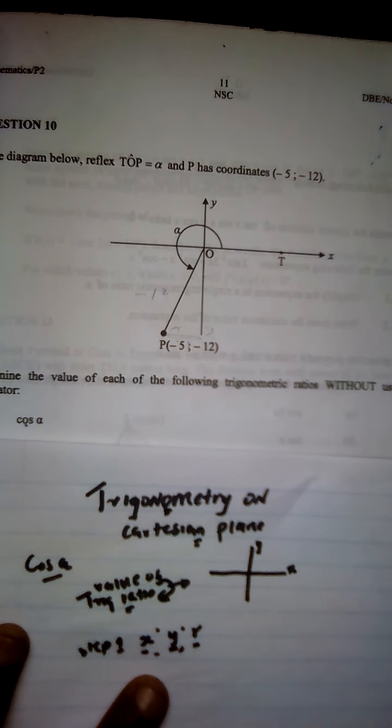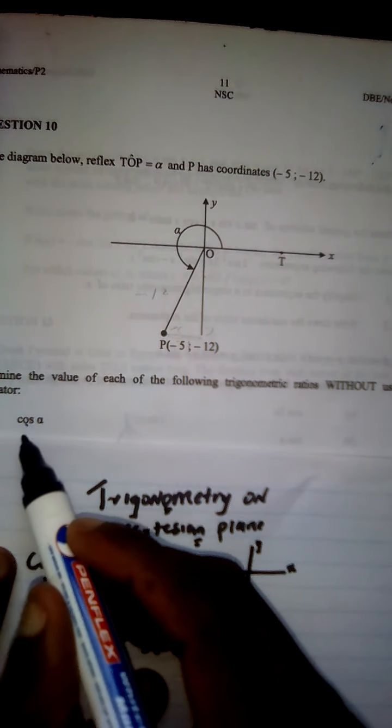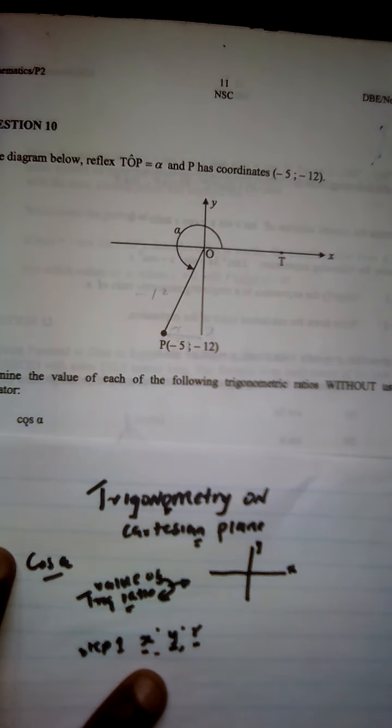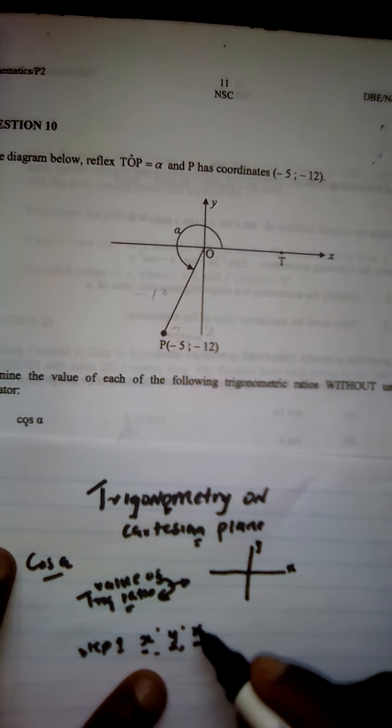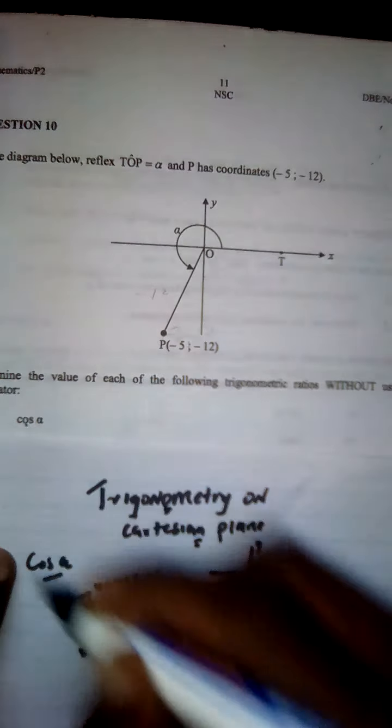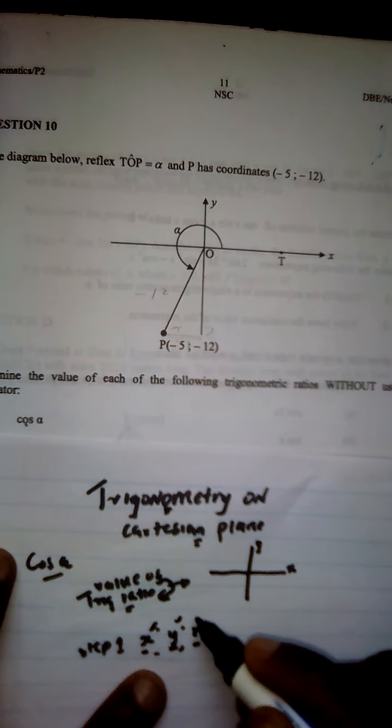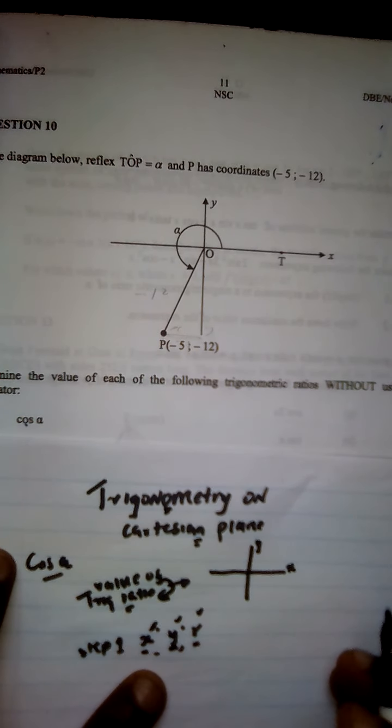It seems funny, because the question says we want the value of cos alpha, but I'm busy working out the value of x, y, and r. This is because to find cos alpha, the values of x, y, and r are very, very important.